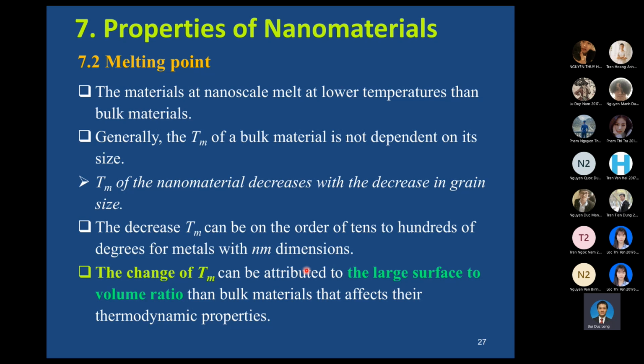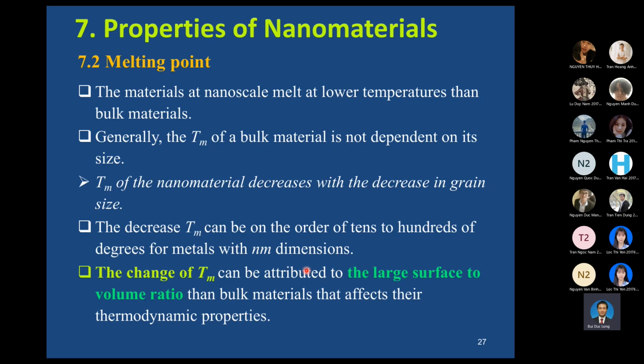Normally, maybe you think that the melting point of copper is always the same, or constant. For example, copper will melt at a temperature of 1033 degrees C in the bulk material.